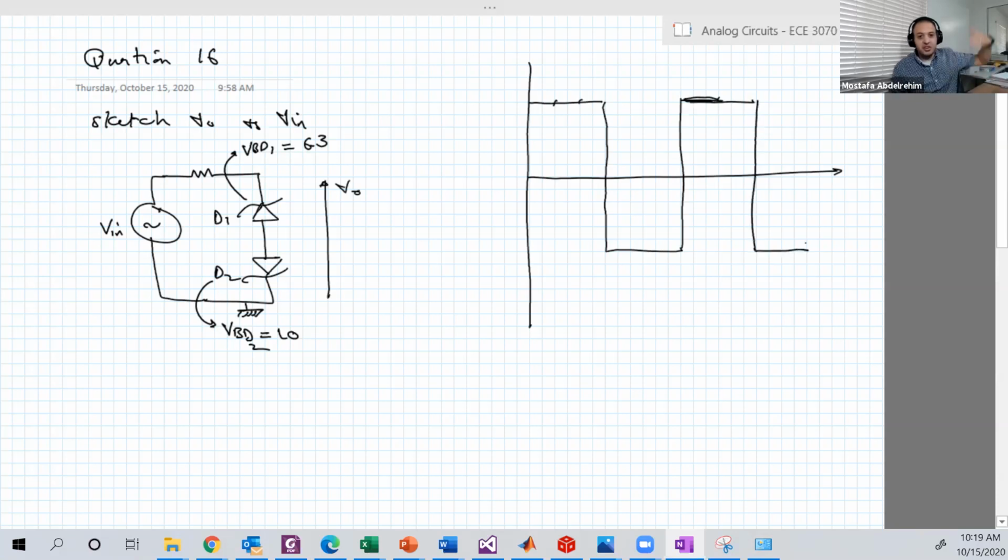Which is even easier than the triangular and the sine wave. Okay. I will draw both at the same time on the same graph.